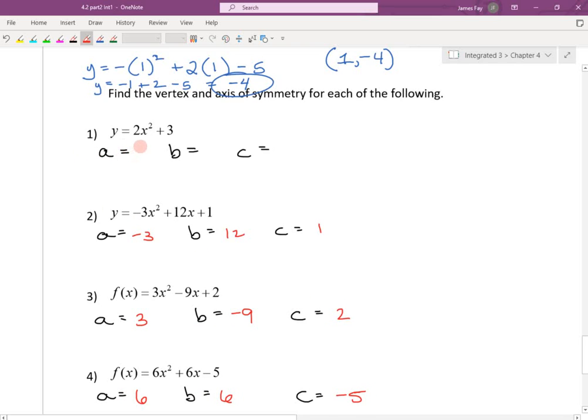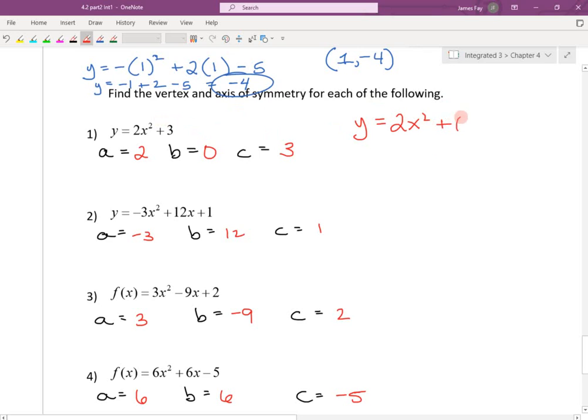What's A? 2. It's hard because there's not 3 parts, right? B is 0. And C is 3. Because y equals 2x squared plus 3. Every one of these is like ax squared plus bx plus c, right?